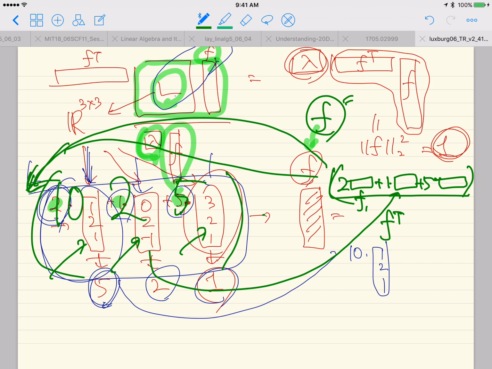So we have these 3 vectors, and we have the freedom to choose the linear combination coefficients among these 3. But we have to obey the constraint that the resulting vector f should also have a length of 1.